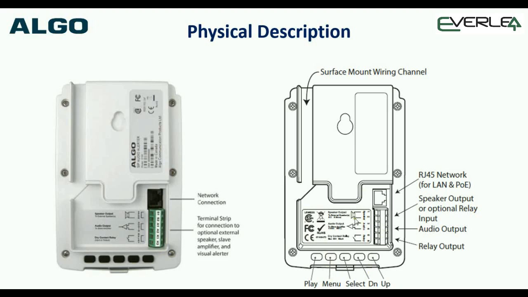But one of the key things is once you actually plug this into the network, it's a DHCP deployment by default. So there's two ways you can actually find the IP address. Number one, there is some software called the Algo Locator, and that will scan the entire customer's network and find all the Algo products that are there and give you the IP address. The other way, if you just plugged it in, is simply press this menu button here 3 times, and the unit will talk to you every time you're pressing it.